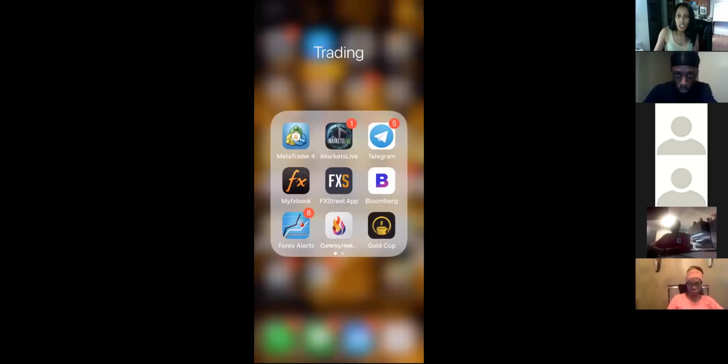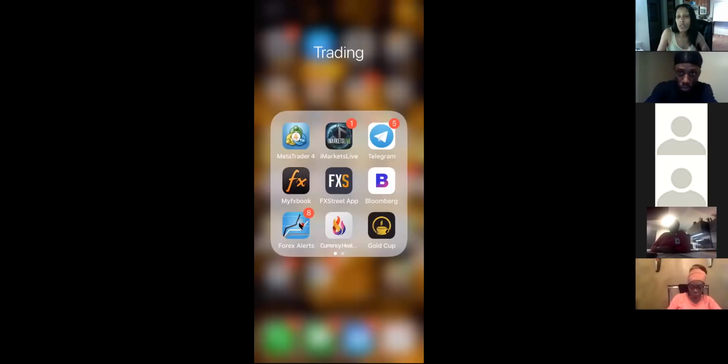Okay, so I have folders on my phone for trading, okay? So here's my MT4, my iMarkets Live, Telegram, FX Book is what I use for my news mainly. And I look at Bloomberg, I look at FX Street as well, but FX Book is my main one, okay?